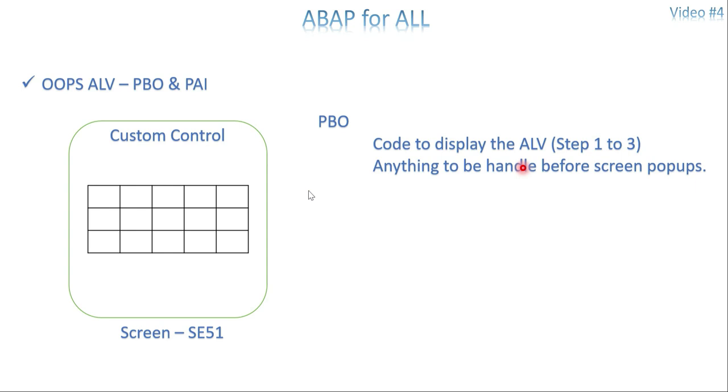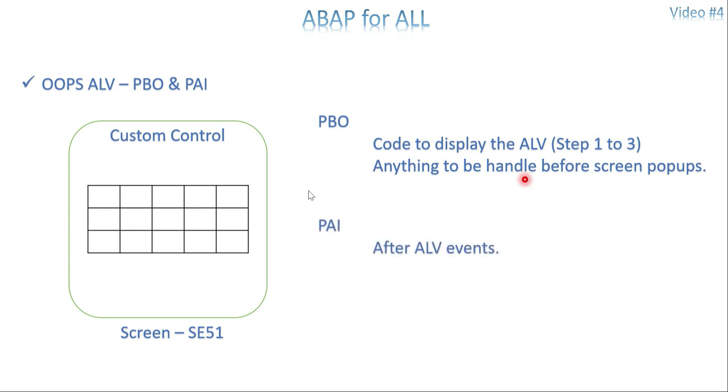That code is going to be under this PBO of your screen. Okay, and anything to be handled before the screen pops up. I want to disable, I want to edit something. So whatever you want to perform in your ALV before it is executed, or before it comes to the user screen, those kinds of code come in PBO.